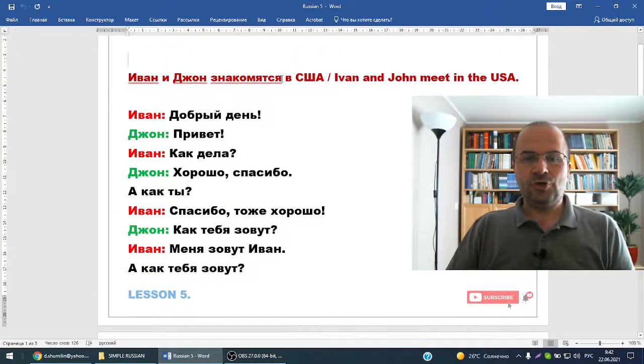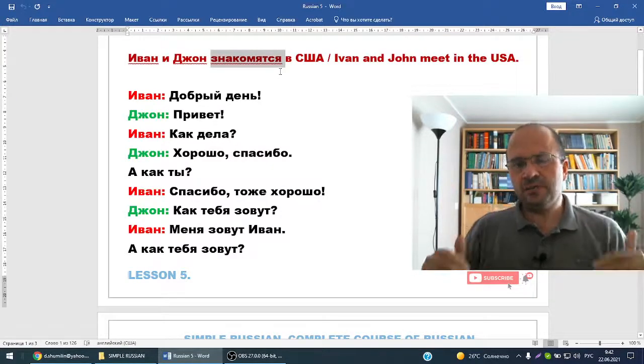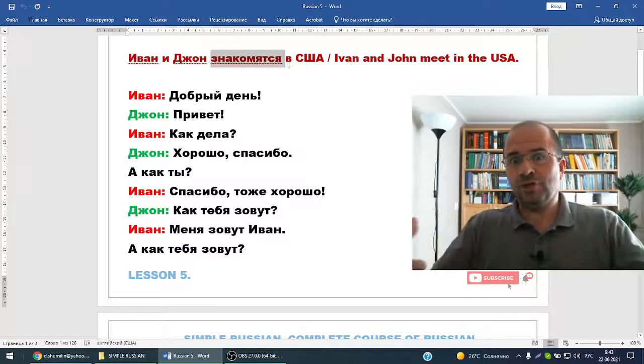The verb знакомиться, which is a reflexive verb, just get it like this and we'll learn it better in the future, means to meet, to know each other.